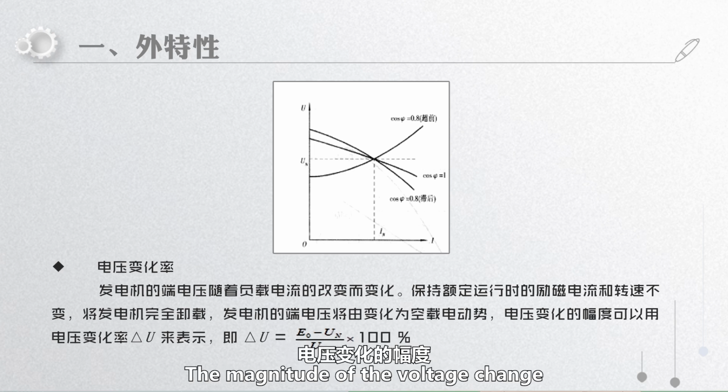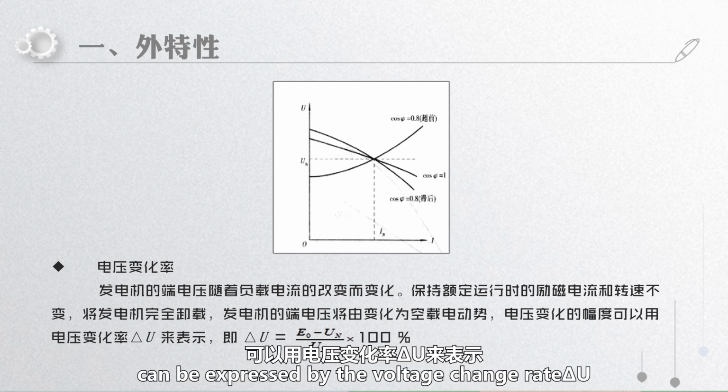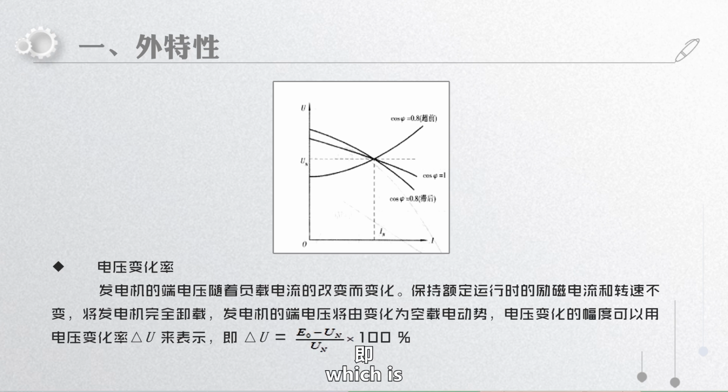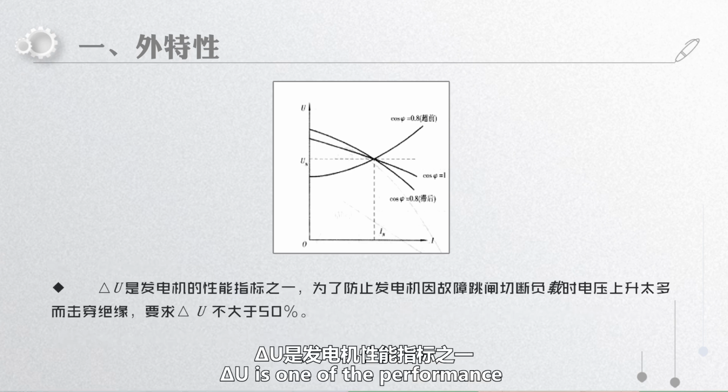The magnitude of the voltage change can be expressed by the voltage change rate, delta U, which is delta U equals E0 minus Un, divided by Un, times 100. Delta U is one of the performance indicators of the generator.